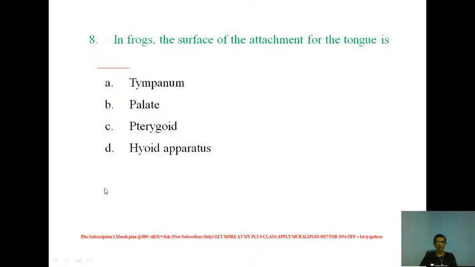Then in the case of frog, next, 8th question. In frogs, the surface of attachment for the tongue is what? In the case of human being, the tongue is going to be attached to the base of the buccal cavity, isn't it?